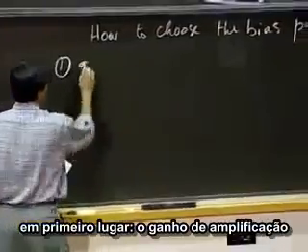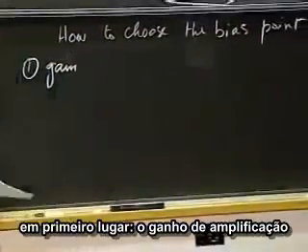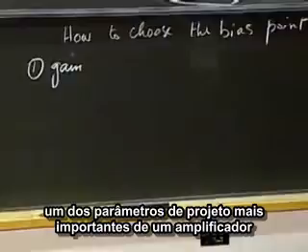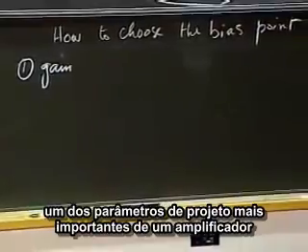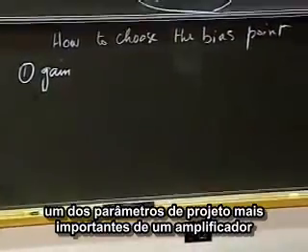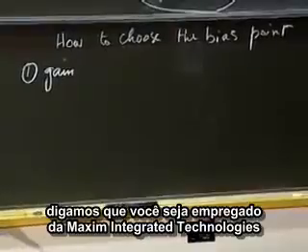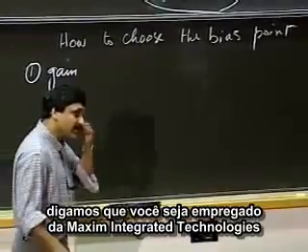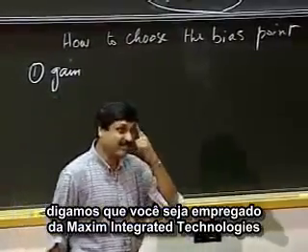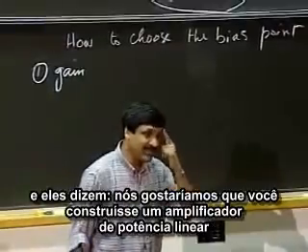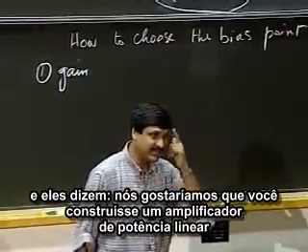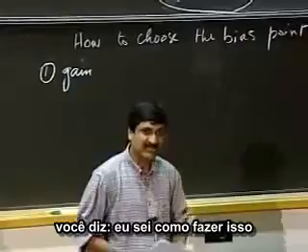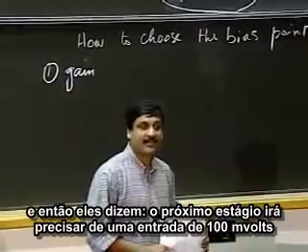First of all, gain, or the amplification. One of the most important design parameters for an amplifier is what's the gain. Let's say you get a job at Maxim Integrated Technologies, and they say, we'd like you to build a linear power amplifier for cell phones. You say, I know that, and I know how to do that.